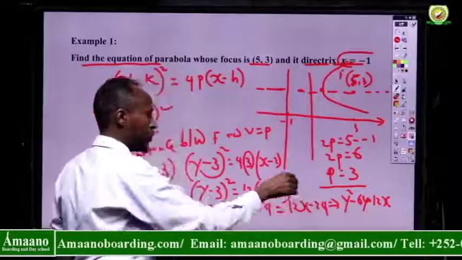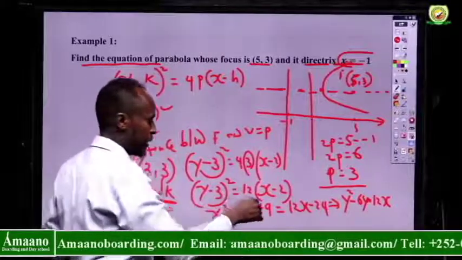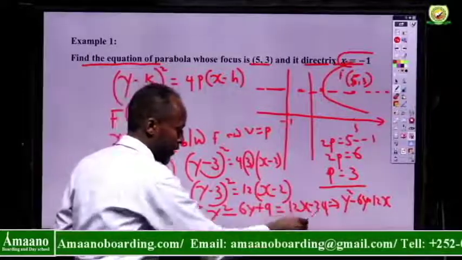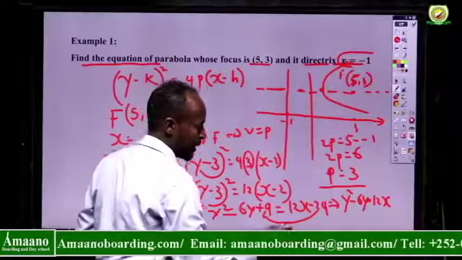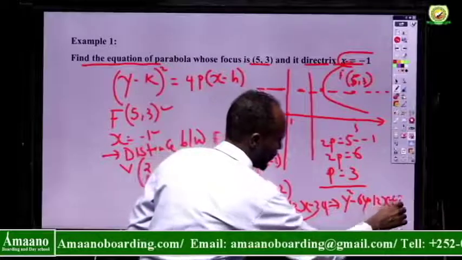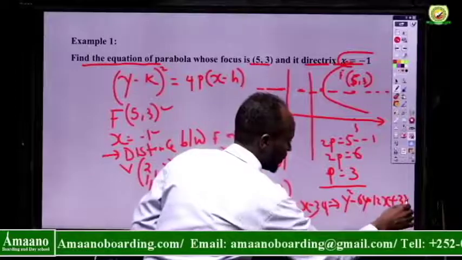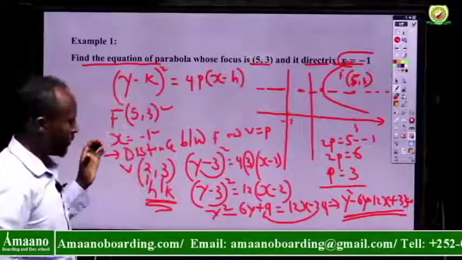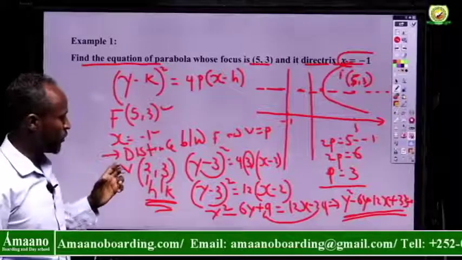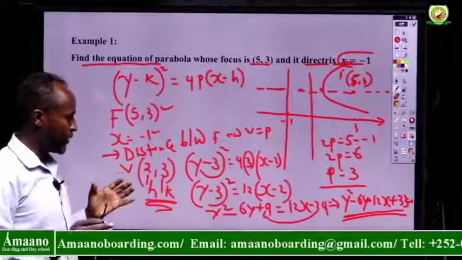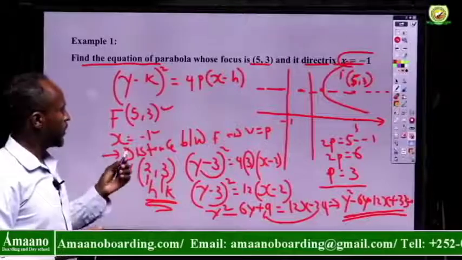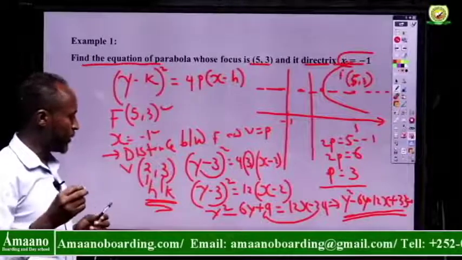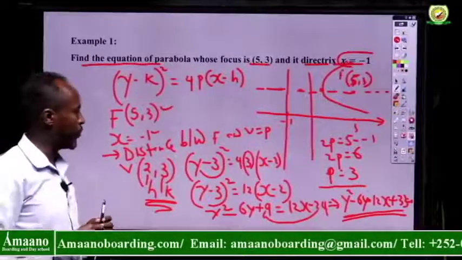Therefore, minus 24, if we take it to the other side, it becomes positive. Then 24 plus 9, we have 33 equals 0. That is the general equation of this parabola. I think it is very visible. This example is from the Somaliland book.